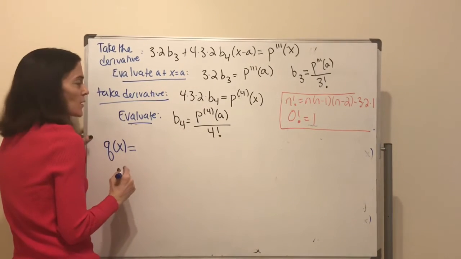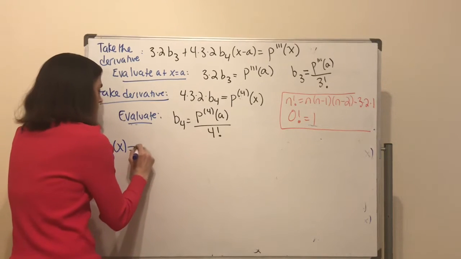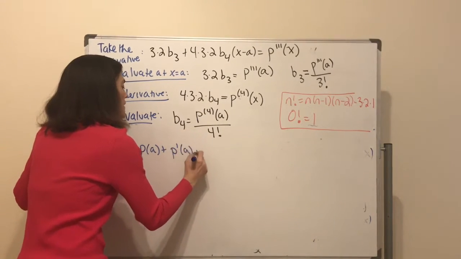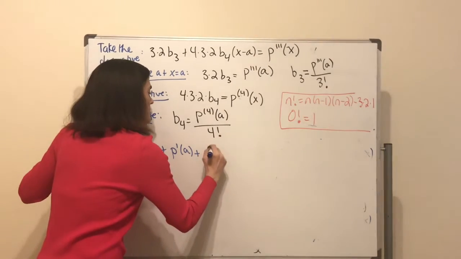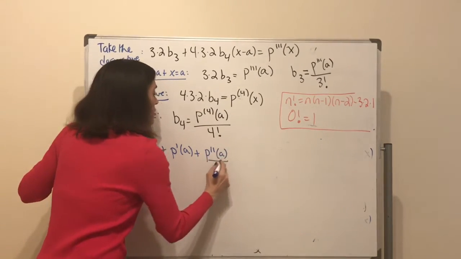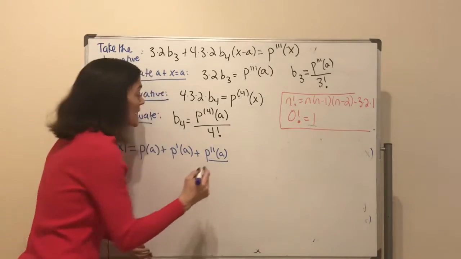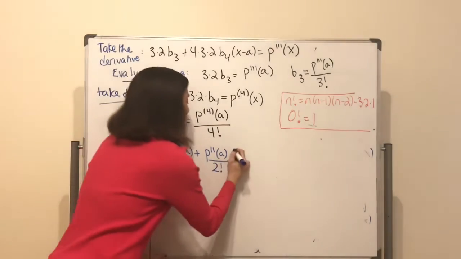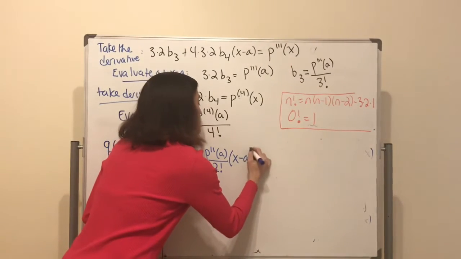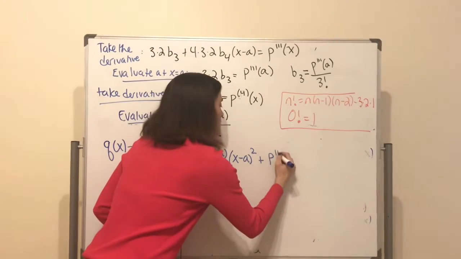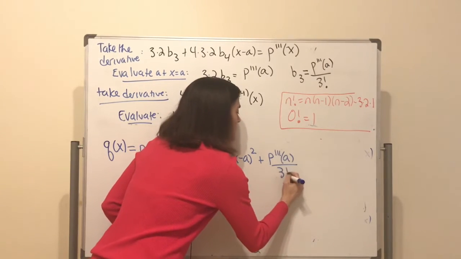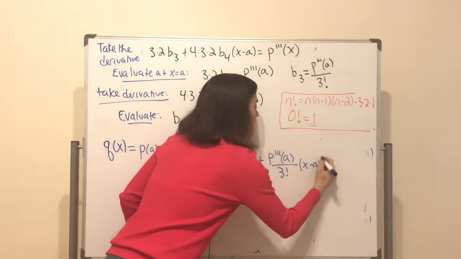Okay, so this Q of x is the following. What did we find? We found it's P of A plus P prime of A times x minus A, plus the second derivative at A over 2, which equals 2 factorial, times x minus A squared. We had the third derivative at A over 3 factorial, x minus A cubed.